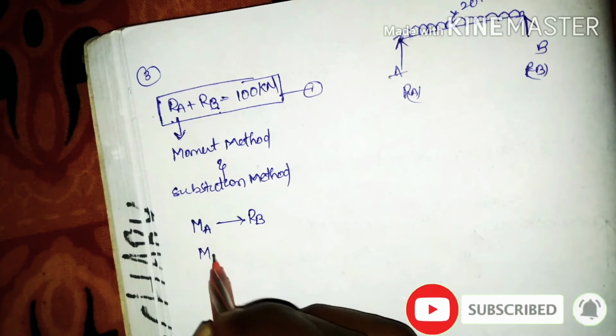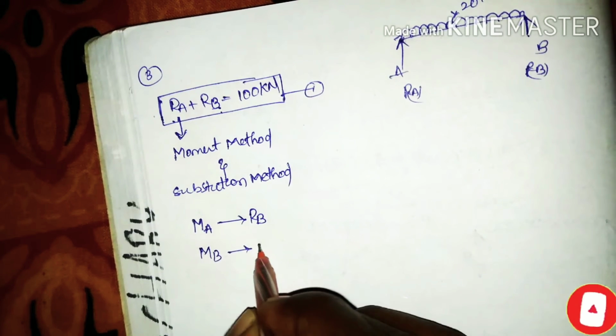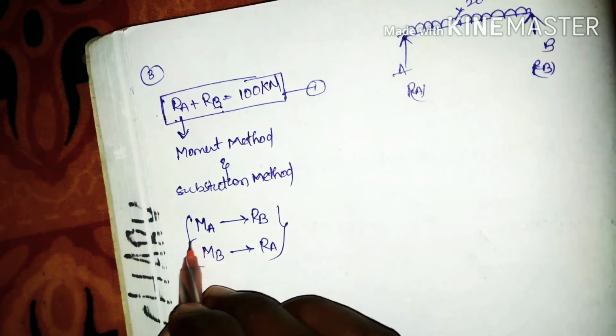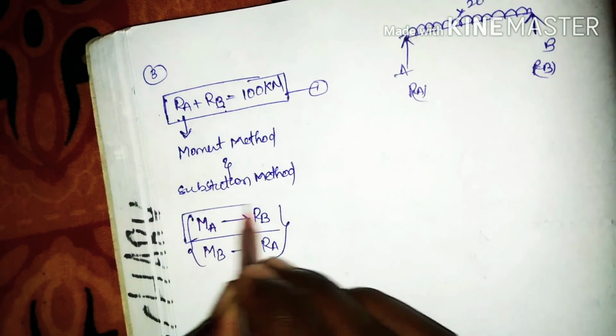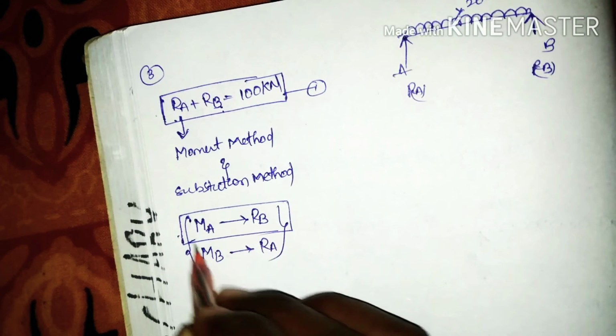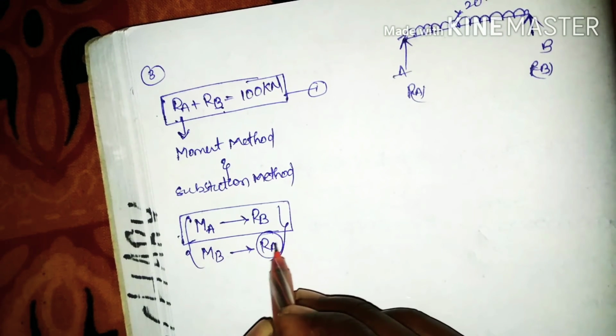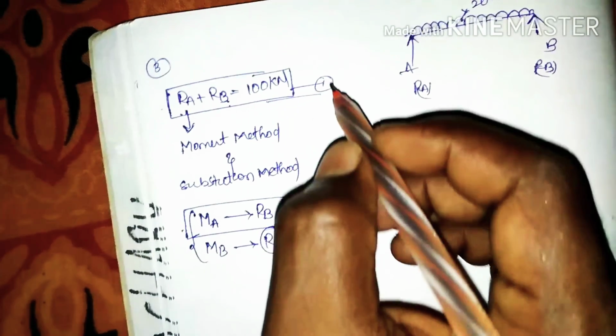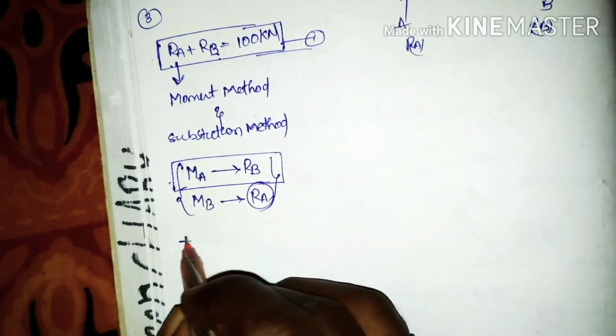If I take the moment about B, I am going to find the reaction RA. I am going to consider any one of these and substitute the value in equation 1, and you get the alternate value.